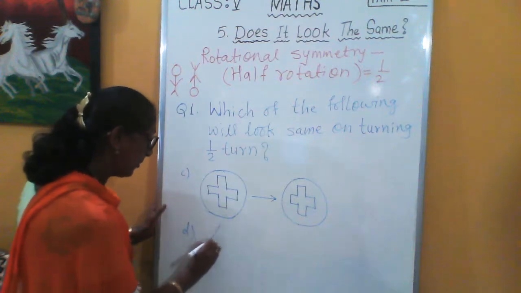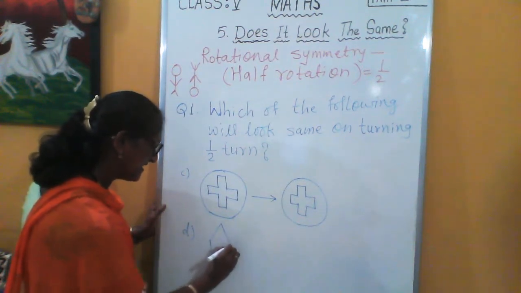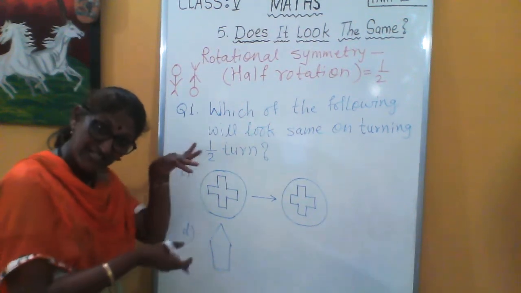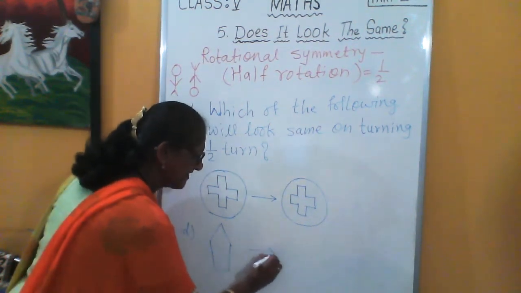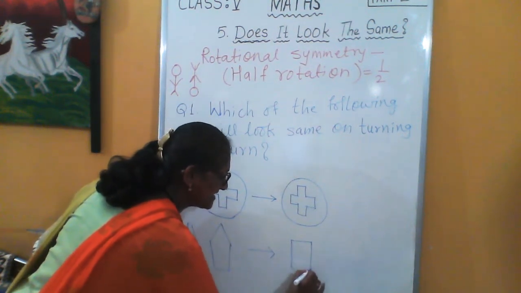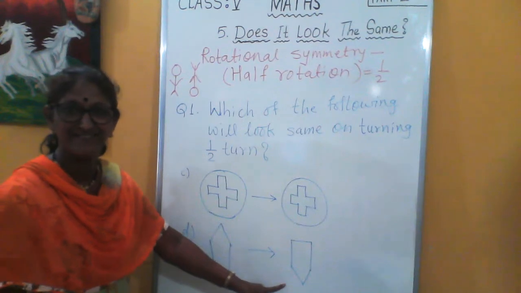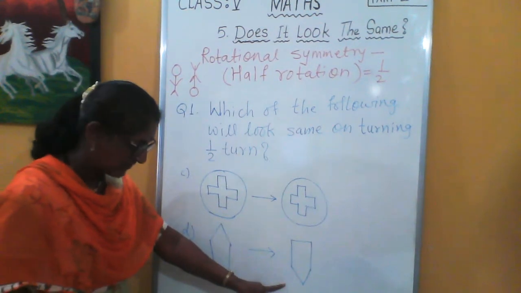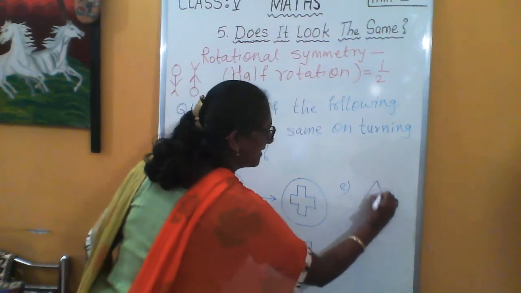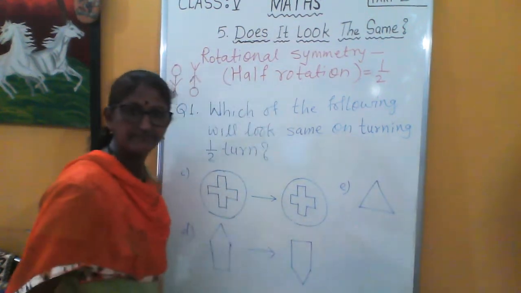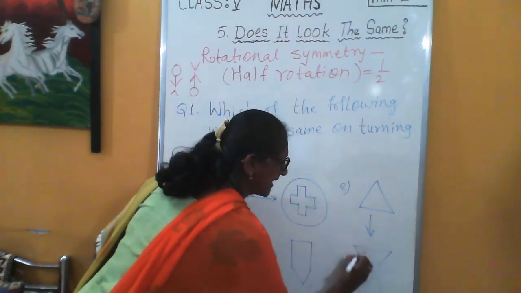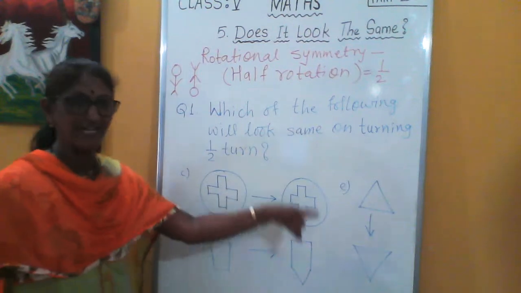Next, suppose the figure is like this and turn it halfway. Yes, upside down, exactly this way we will get the figure. So you have to remember like this. And next, suppose a triangle is given to you, and you will get the triangle in the opposite way.